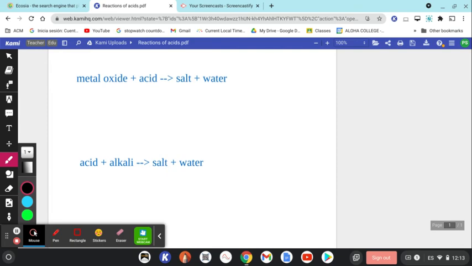Now, next reaction, metal oxide plus acid makes salt and water. Now, metal oxides are not soluble, so you'll see that, for example, magnesium oxide is solid.